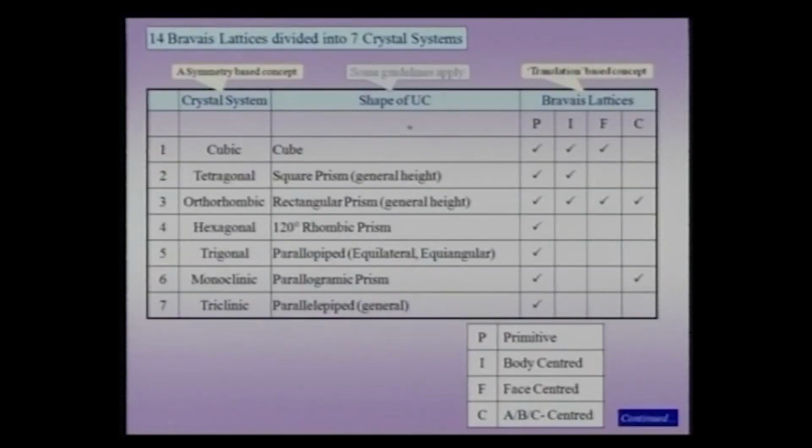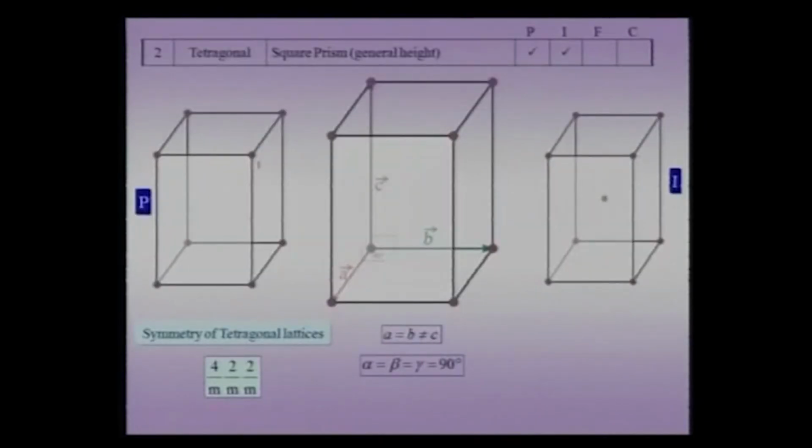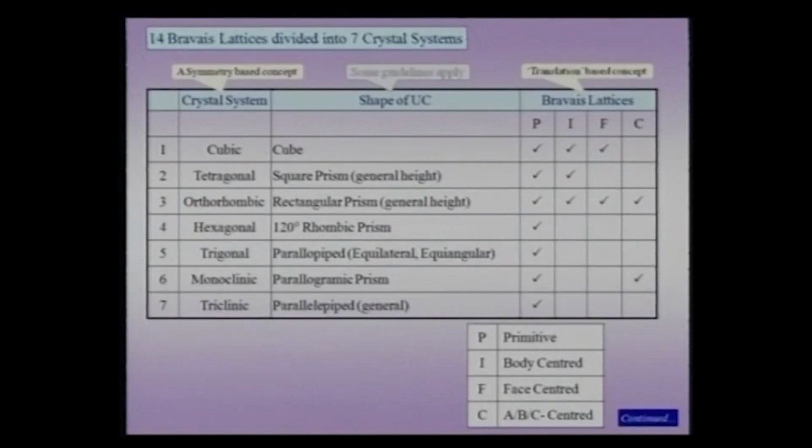Now, of course, which is not very important at this stage, but just to list some of the shapes of these typical unit cells. A cubic crystal is typically described by a cubic unit cell. A tetragonal crystal is described by a square prism of a general height. The orthorhombic again, of a general height. That means that the height has to be different from any one of the other two lattice parameters in the plane. The hexagonal crystal is described by a 120-degree rhombic prism.